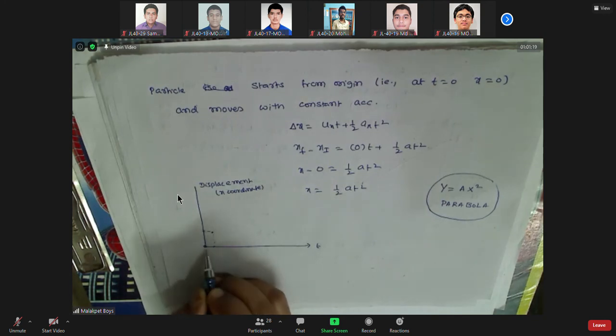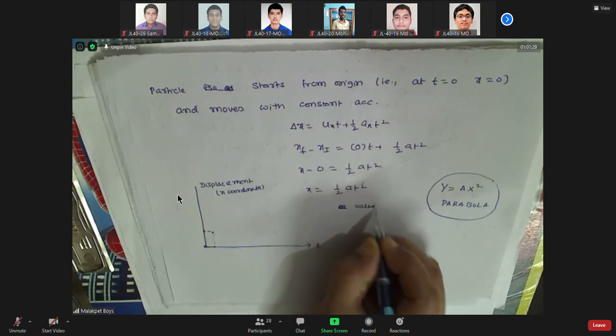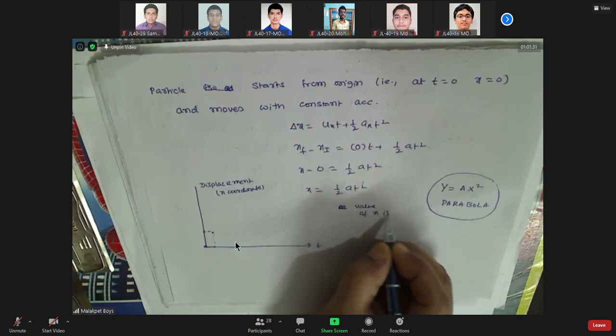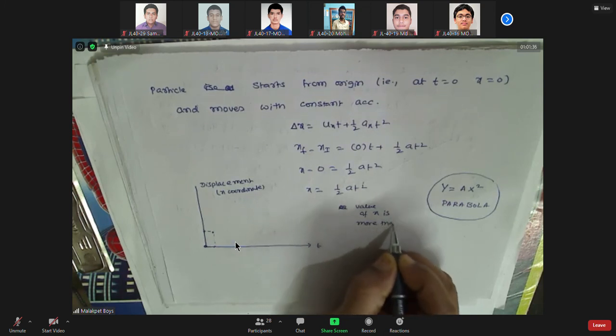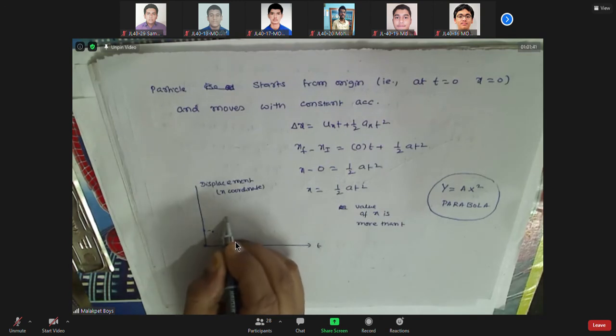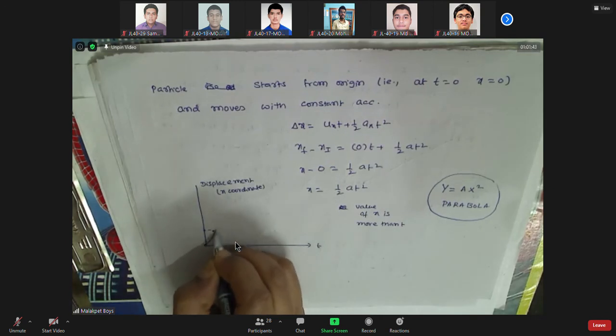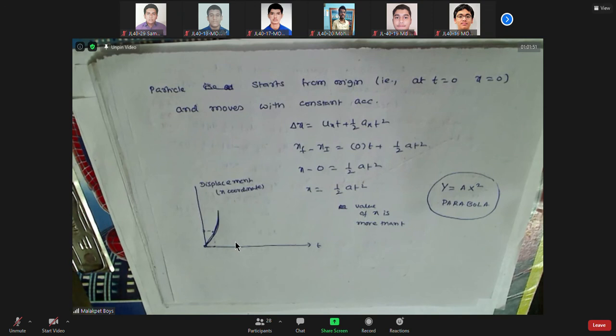This is x, this is t, which is more. x should be more now. So again, if you take another one, the curve will be like this somewhat. Understood this? Clear or not?